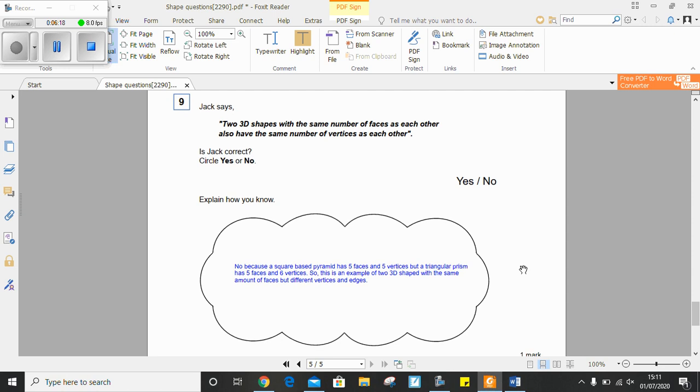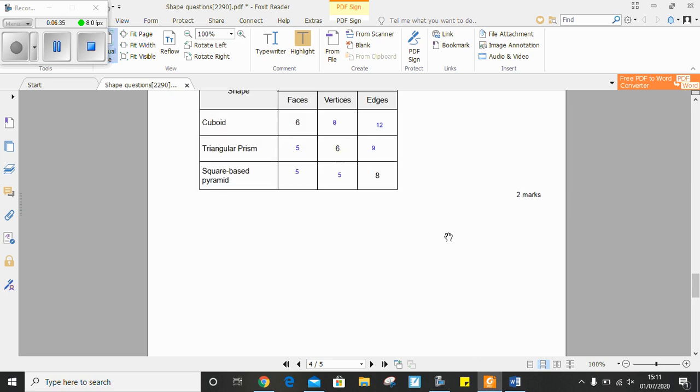And last but not least, Jack says 2 3D shapes with the same number of faces as each other also have the same number of vertices as each other. Is Jack correct? Circle yes or no. The correct answer is no, because I can use evidence from the question before.